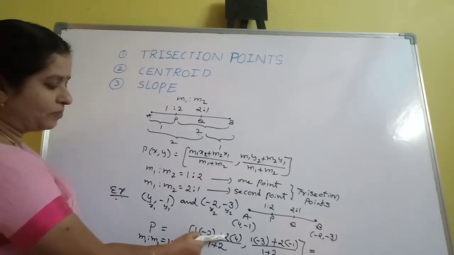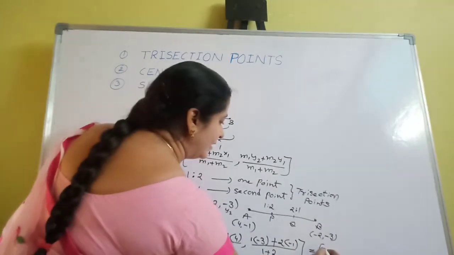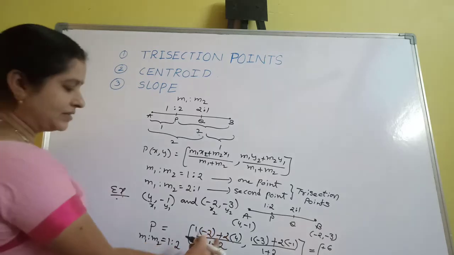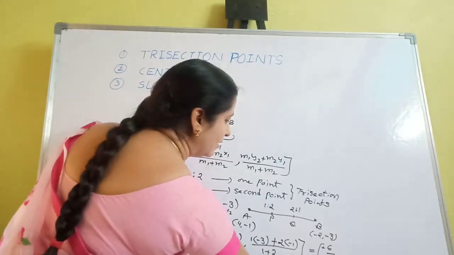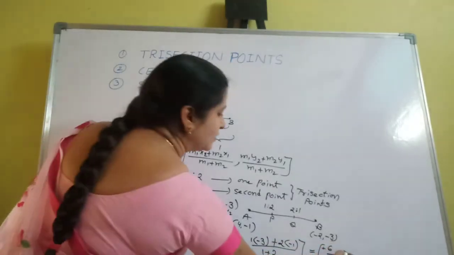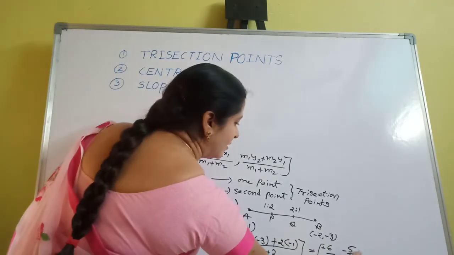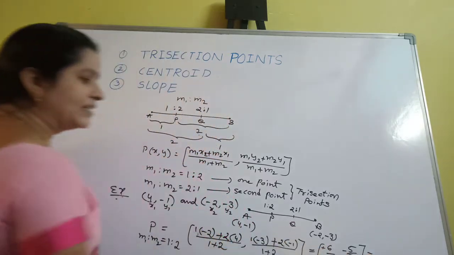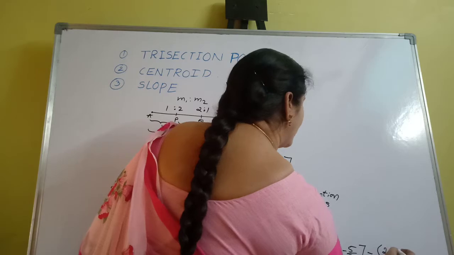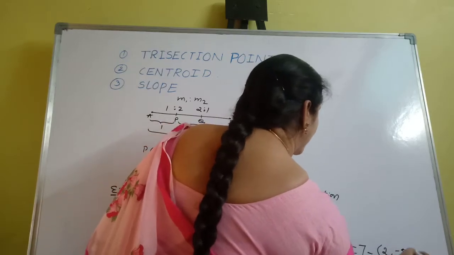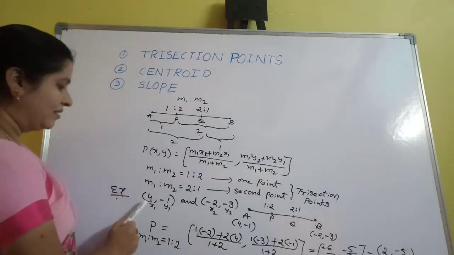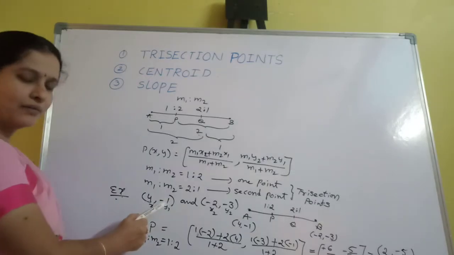So -2 plus 8 is 6, over 3. Next, -3 minus 2 is -5, over 3. Again simplify: 6 by 3 is 2. So finally you get the point (2, -5/3). This is the first trisection point of the line joining the points A and B.